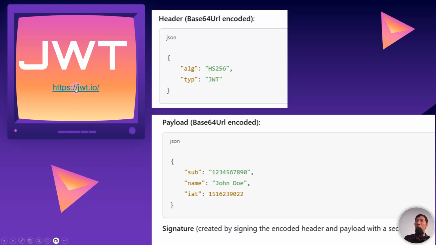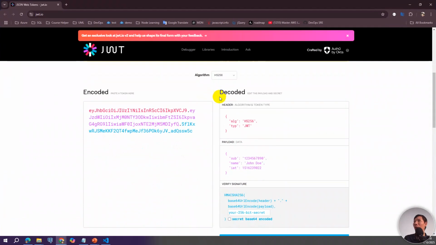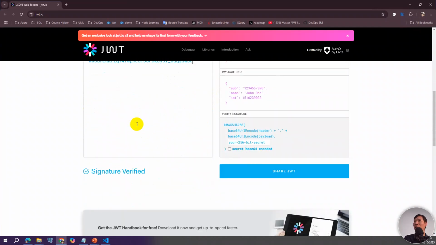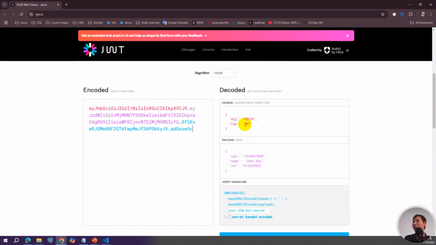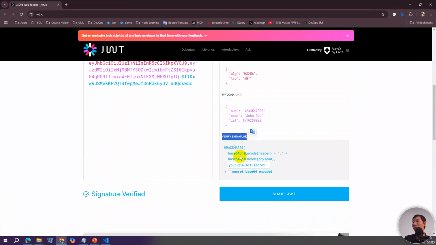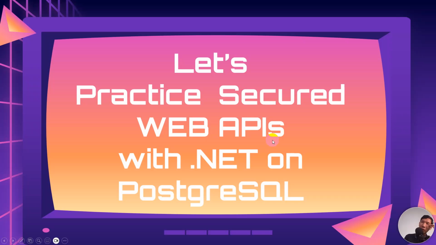This is the JWT data after we generate it from the system. It is the header, this is the payload, and the final one is the signature. Okay, let us continue.